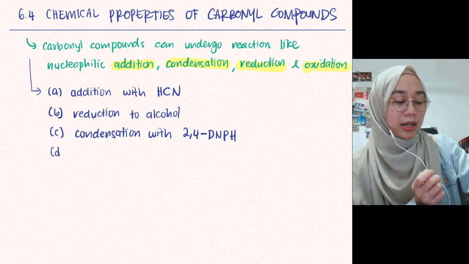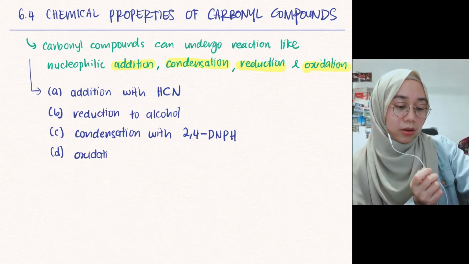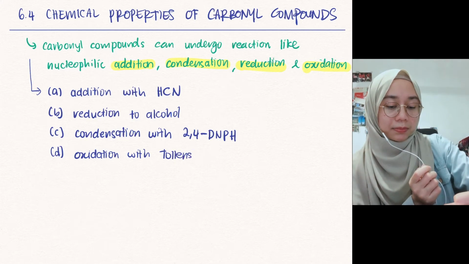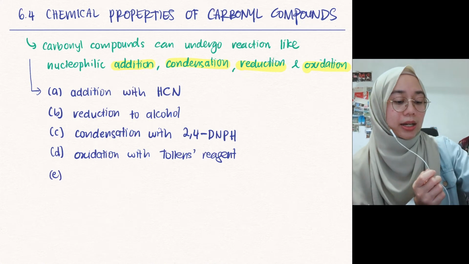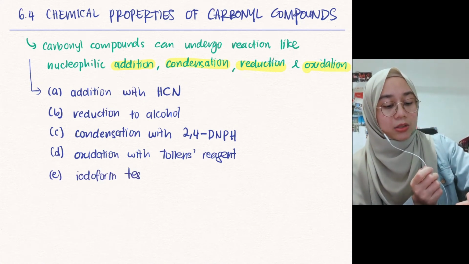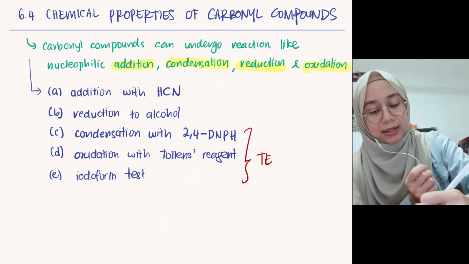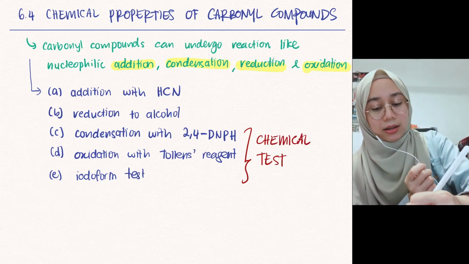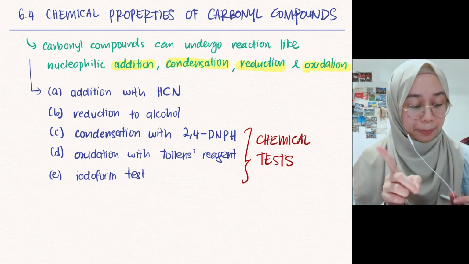And then D pula kita akan tengok oxidation with Tollens reagent. Okay, and then yang terakhir kita akan tengok iodoform test. Okay, so basically yang ketiga, yang last ni, semua ni adalah pasal test lah. Okay, ini adalah chemical test yang kita akan belajar later on. Okay, but now kita nak tengok dahulu reaction A and also B.